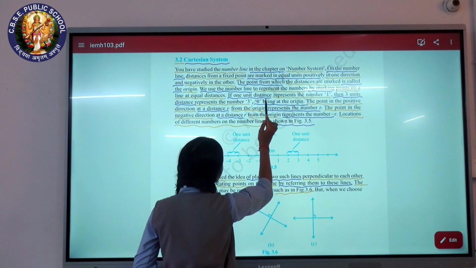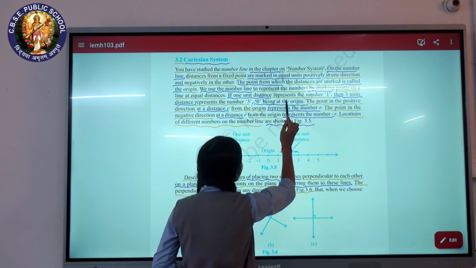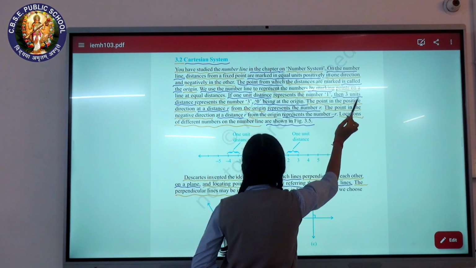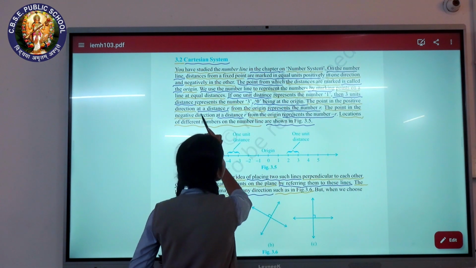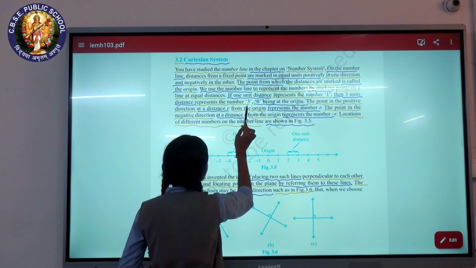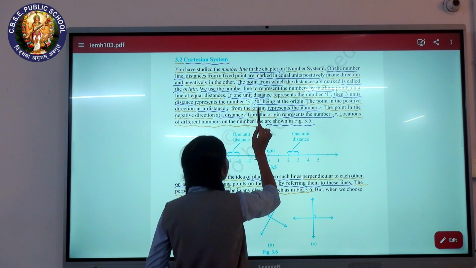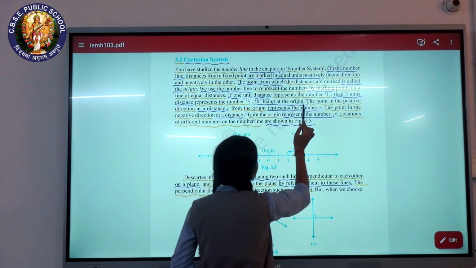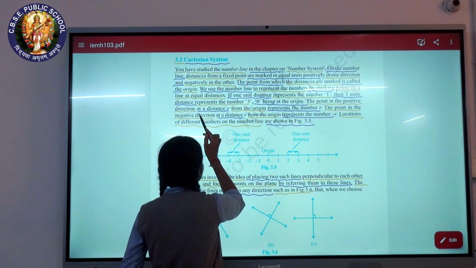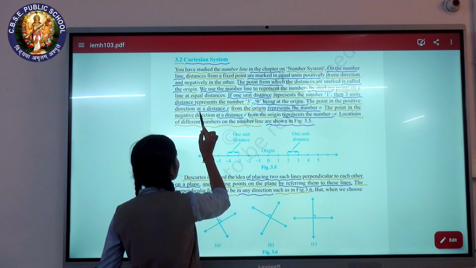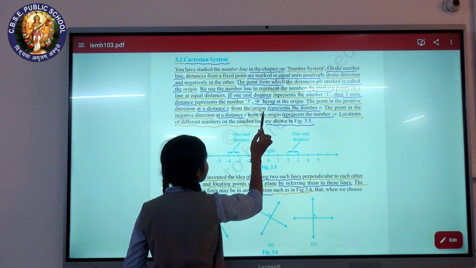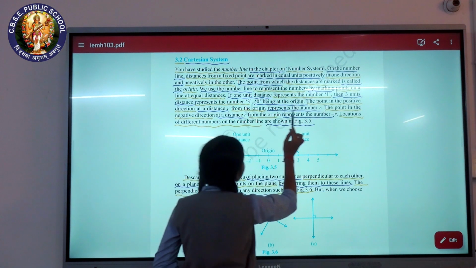If one unit distance represents the number 1, then 3 units distance represents the number 3, 0 being at the origin. The point in the positive direction at a distance r from the origin represents the number r.